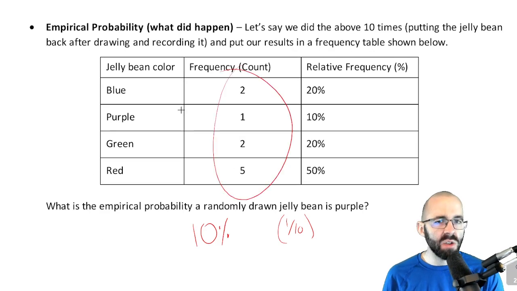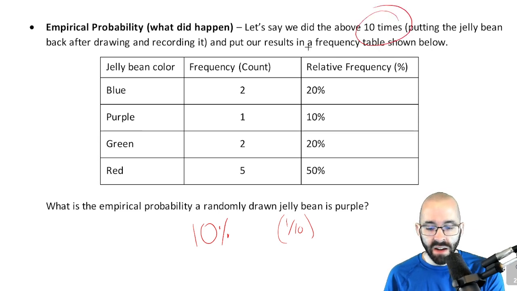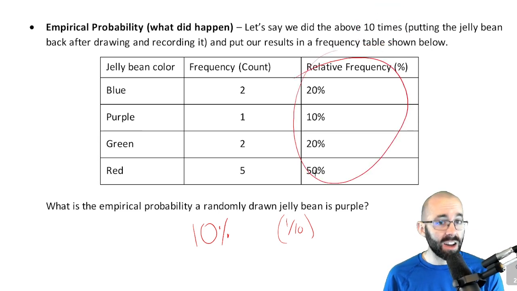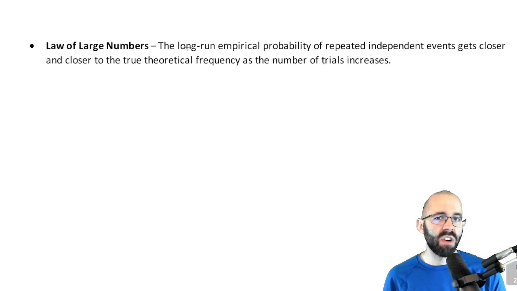These were kind of close to the theoretical, but our empirical was different. If we did this 100 times instead of only 10, our relative frequencies would get a lot closer to the theoretical probabilities. If we did this 1,000 times, they'd be almost the same. That's basically what the law of large numbers says.